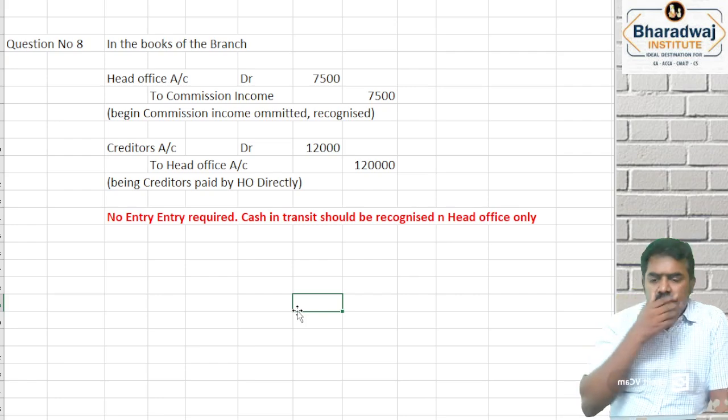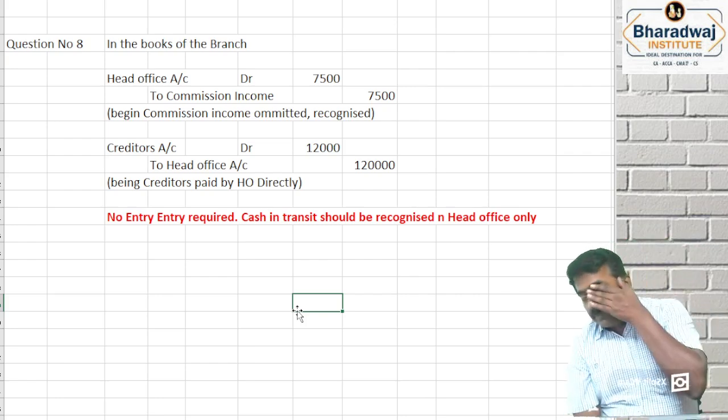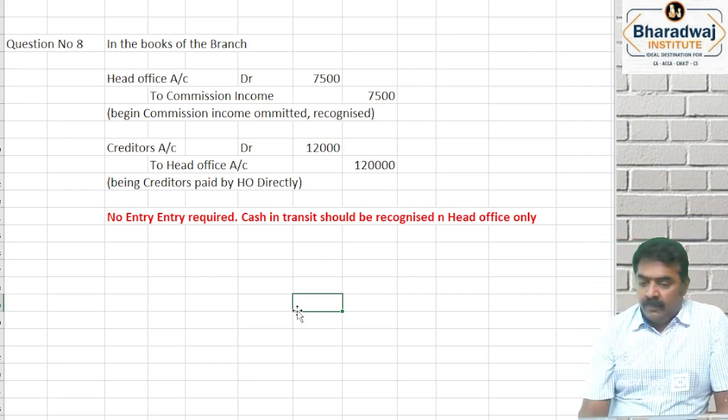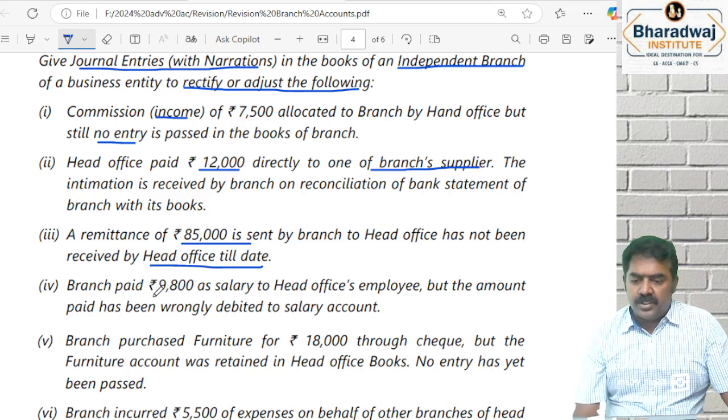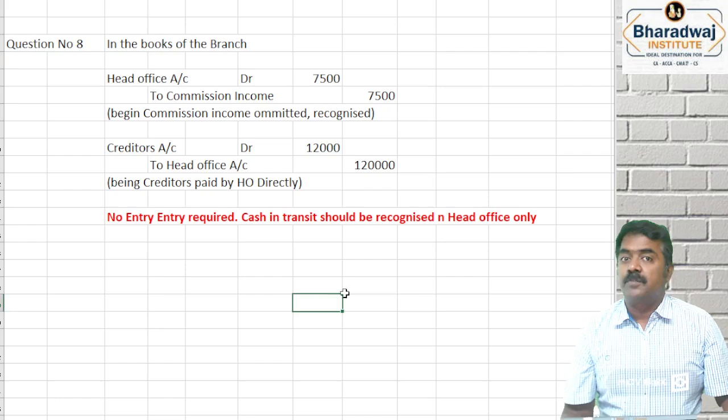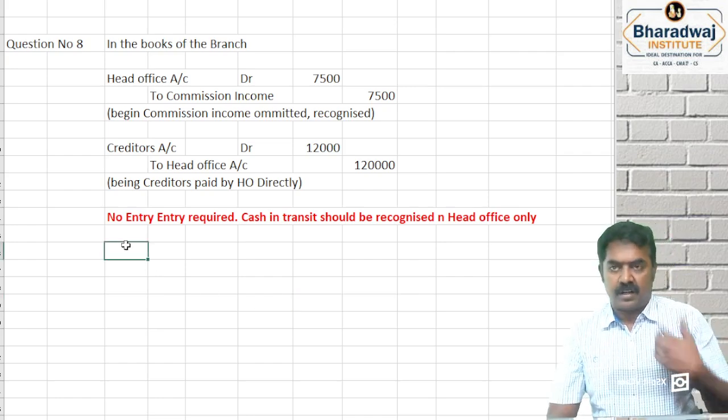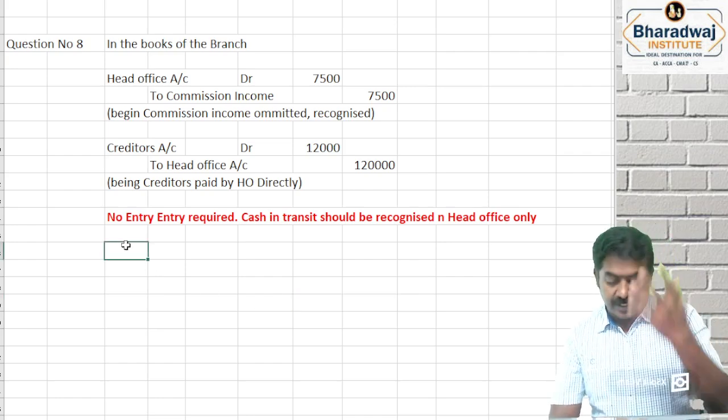Next one. Branch paid 9,800 as salary to head office employee. Who is paying this? We are paying, for head office employees.